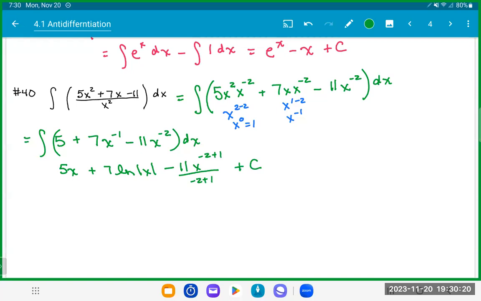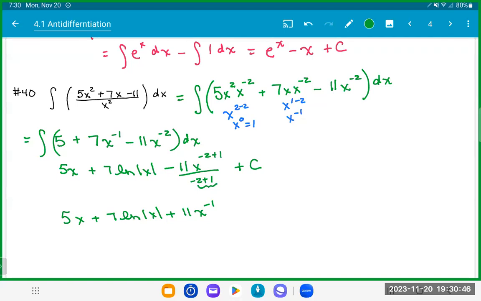So now really what we need to do is just simplify our work here. So we have 5x plus 7 ln of x plus 11x to the negative 1, because we end up here with negative 1. Negative 1 times negative 11 is positive 11.